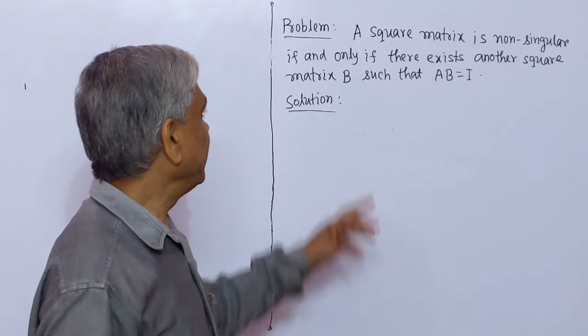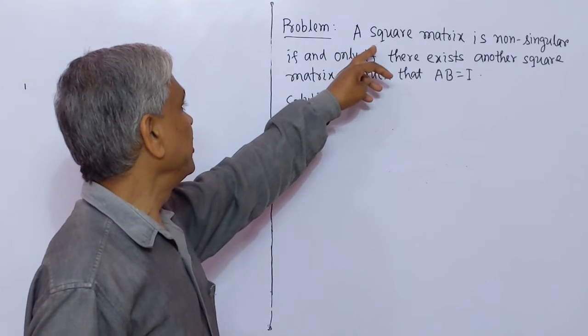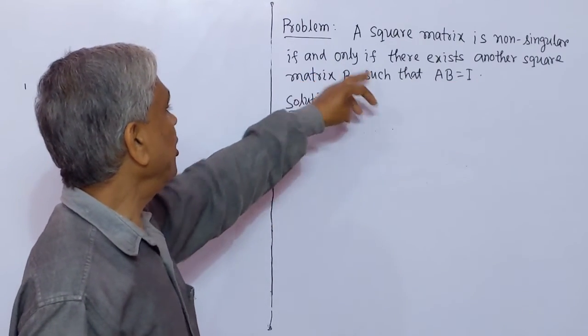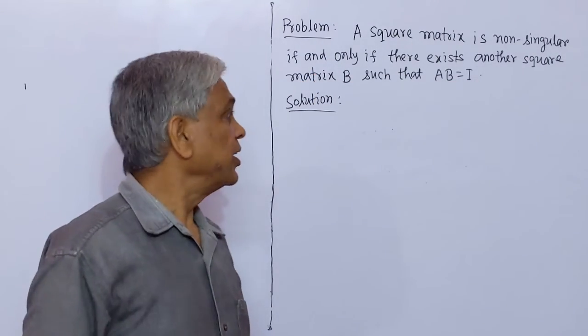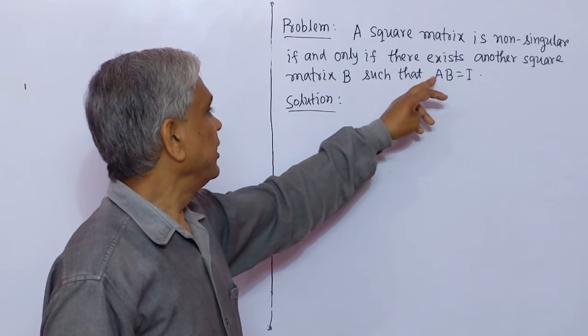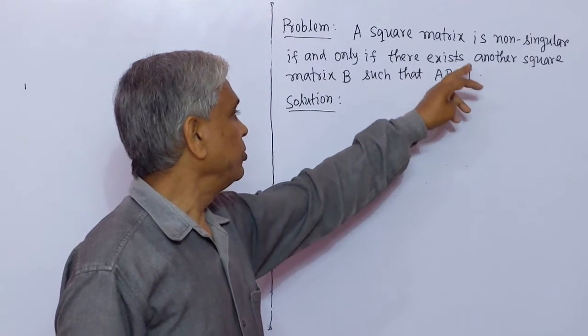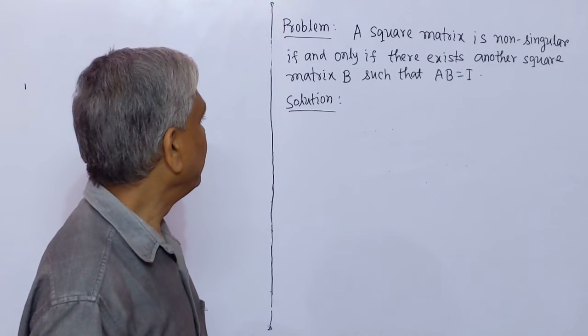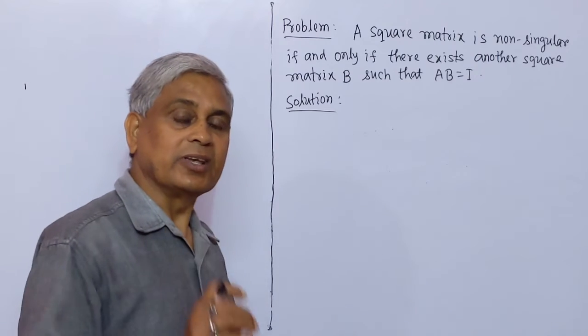Now we solve the next problem. Next problem is a square matrix is non-singular if and only if there exists another square matrix B such that A multiply B equal to unit matrix, that is identity matrix. Now we solve this.